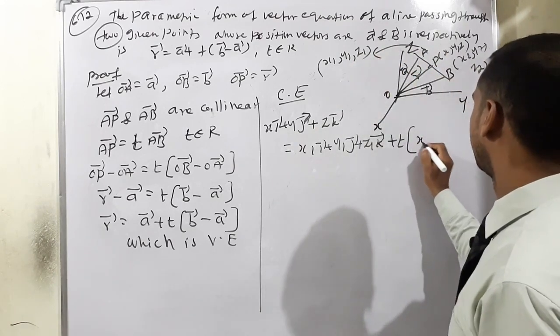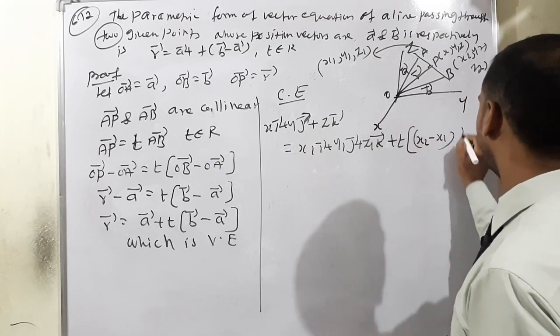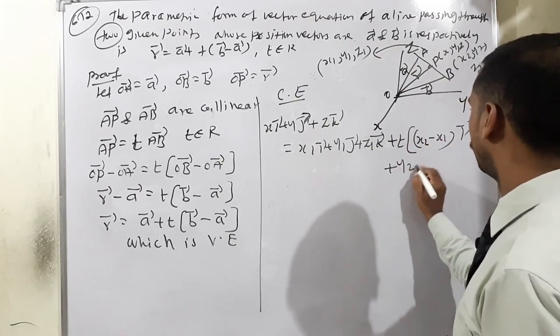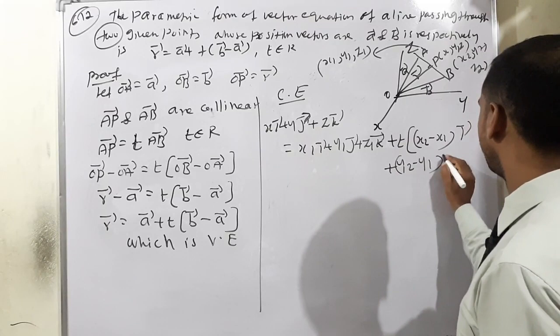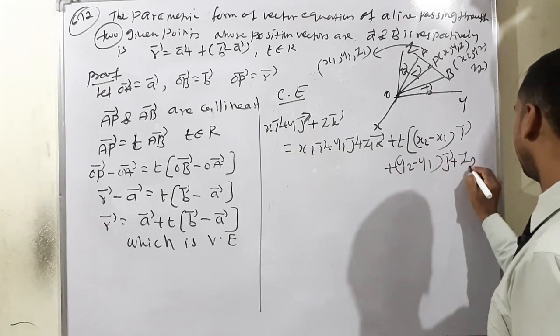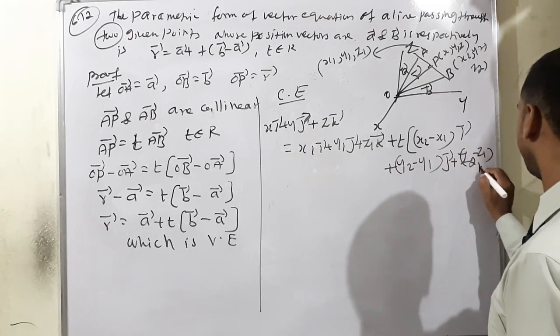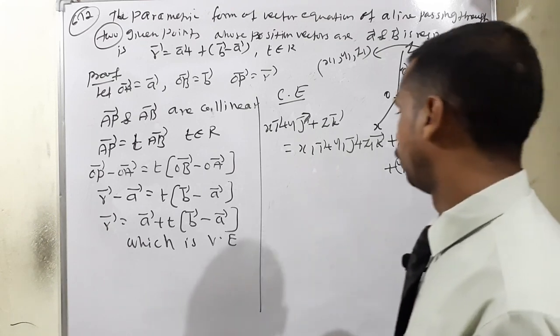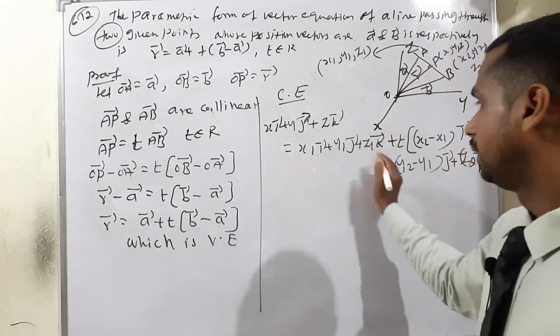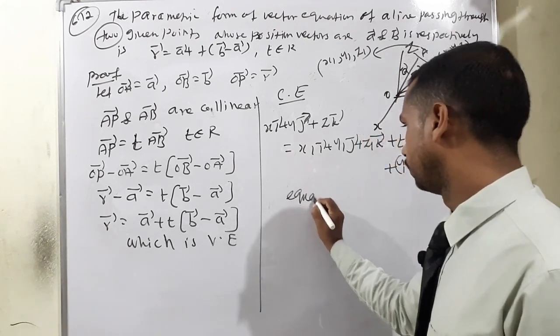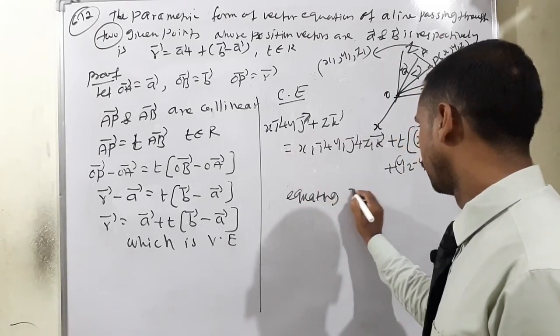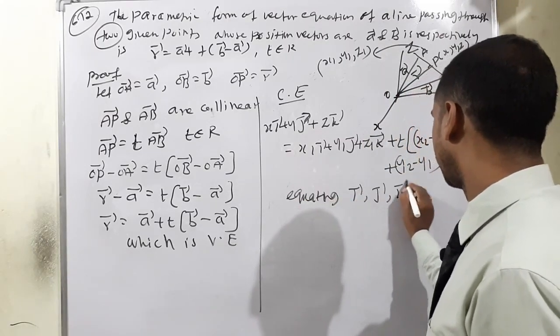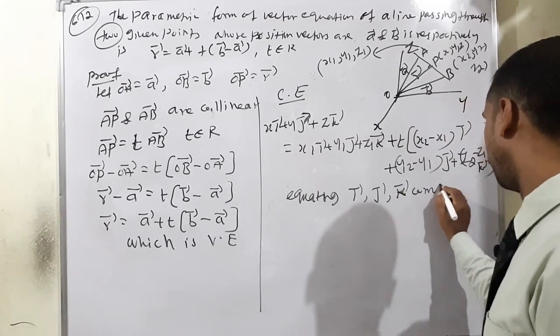We can write it as x2 minus x1 into i vector plus y2 minus y1 into j vector, and the last, z2 minus z1 into k vector. Therefore, now equating the i vector, j vector, k vector components.